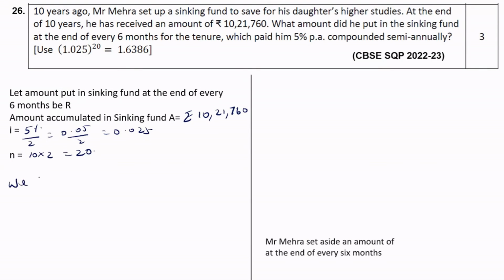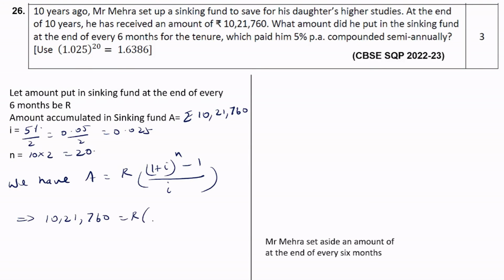Now we have A equal to R into 1 plus I the whole raised to N minus 1 upon I. So this is the sinking fund formula when the periodic payments are made at the end of each time period. So here A is 10,21,760.